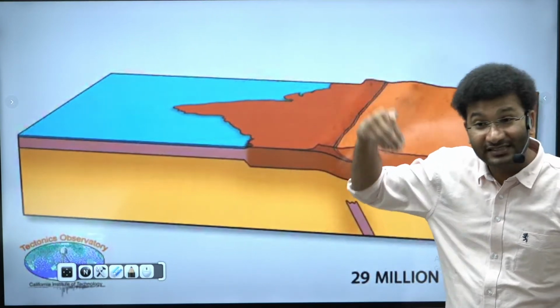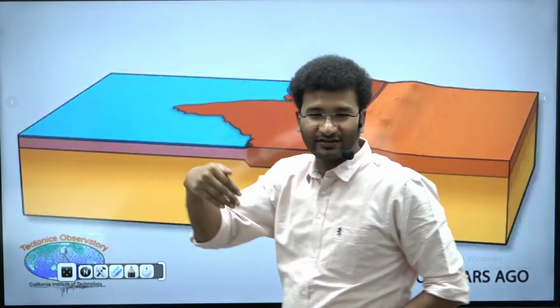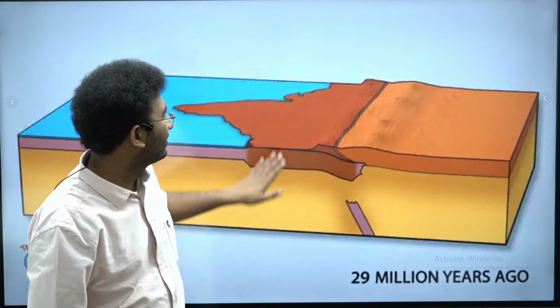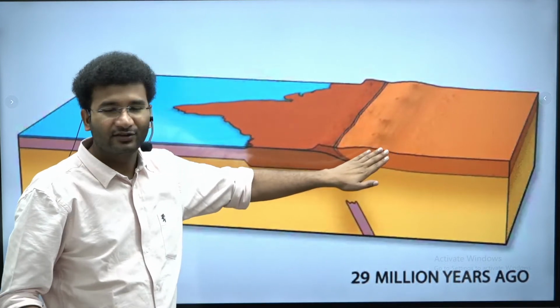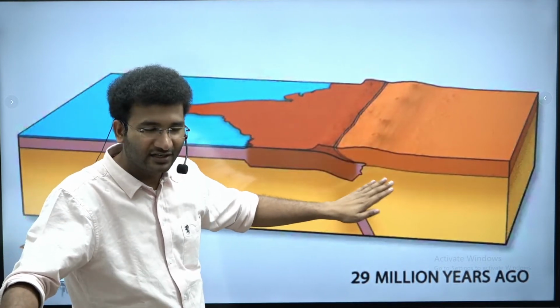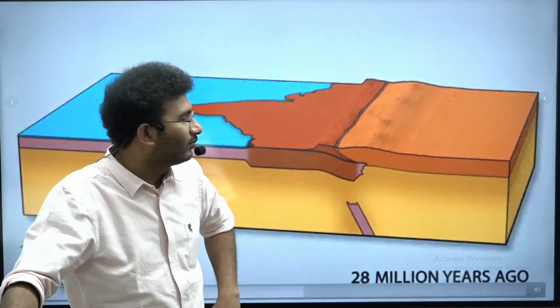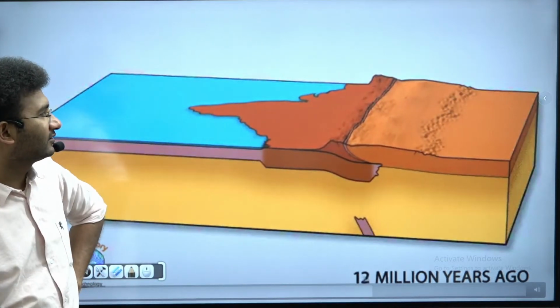Why? It sank, it went into the trenches and then got sunk. Slowly, the Indian plate and the Eurasian plate got collided with each other, and this has led to the upheaval of mountains of Himalayas. ठीक है?